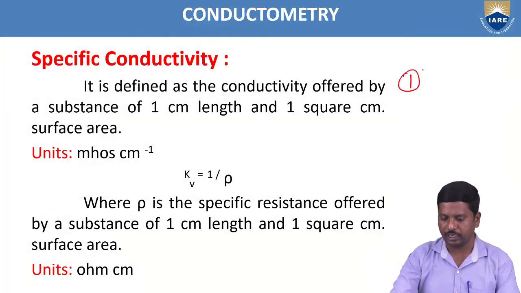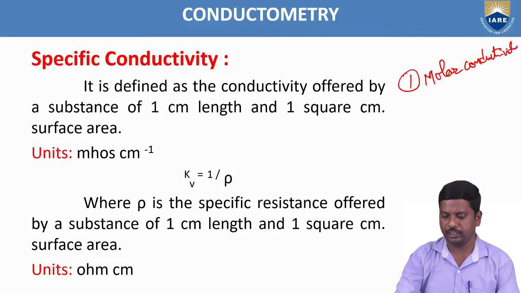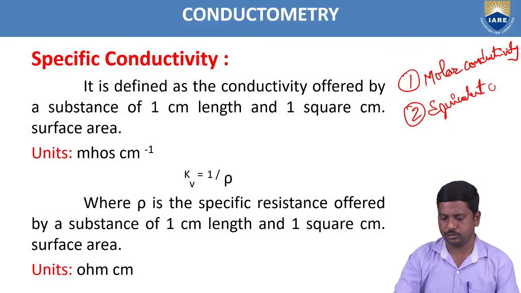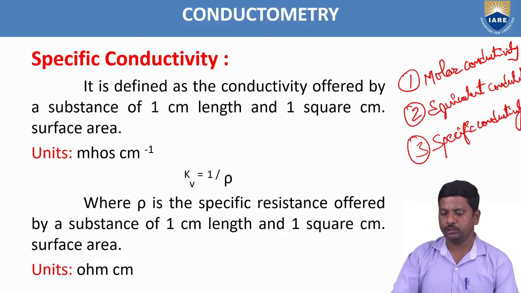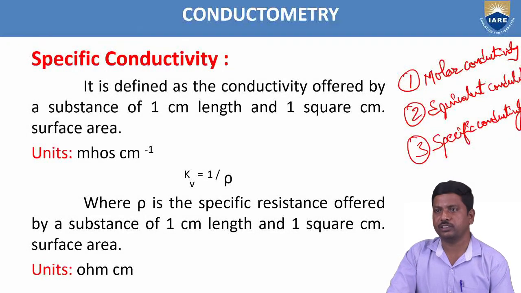The first one is molar conductivity, the second one is equivalent conductivity, and the third one is specific conductivity. So out of the three conductivities, we measure specific conductivity by conductometry.